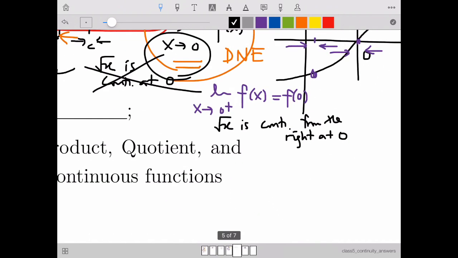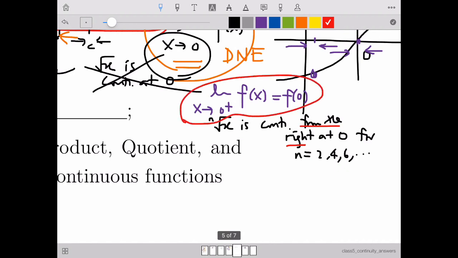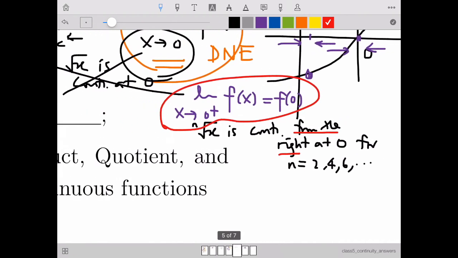Likewise, I can say nth root of x, where n is 2, 4, 6, etc., all even roots, is continuous from the right at 0. Continuous from the right. So that is the definition of continuous from the right at 0.